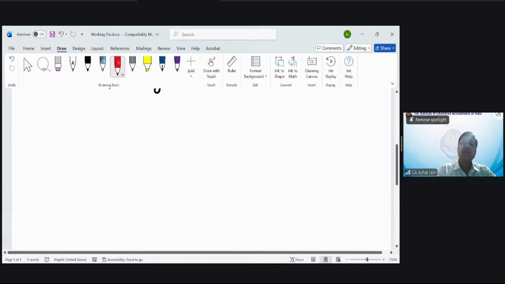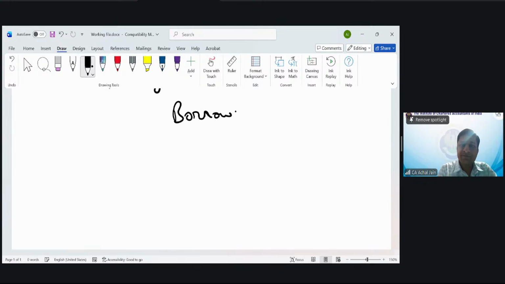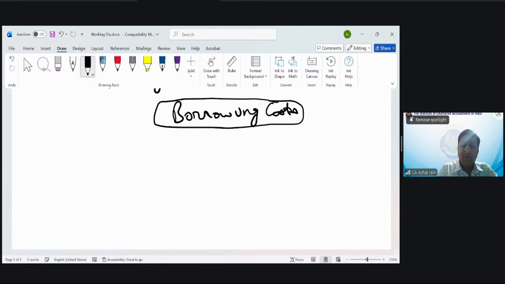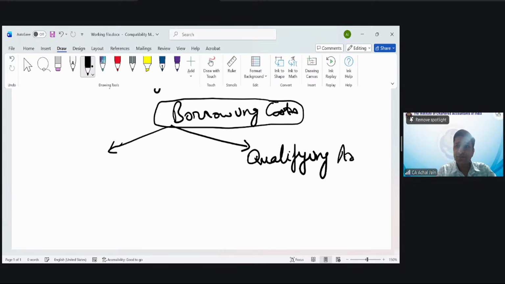So if we look at the borrowing costs, there are two ways in which we can look at it. If this borrowing cost is in relation to a qualifying asset, the other situation is the borrowing cost is incurred by the entity and that is not in relation to a qualifying asset. So not a qualifying asset.